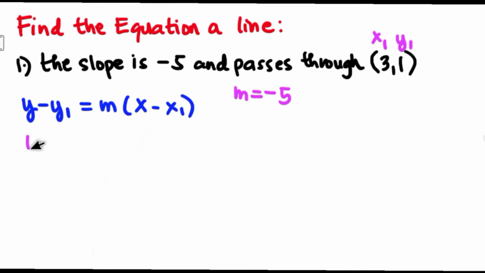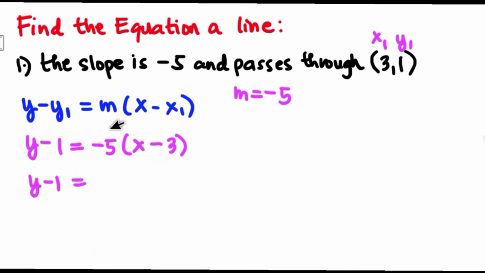So, y, copy natin, minus y sub 1 is 1, equal to m is negative 5 multiplied to the difference of x. So, copy natin yung x and then x sub 1 is 3, minus 3. The next thing to do is, copy muna natin ito nasa left, equal to negative 5 times x is negative 5x.